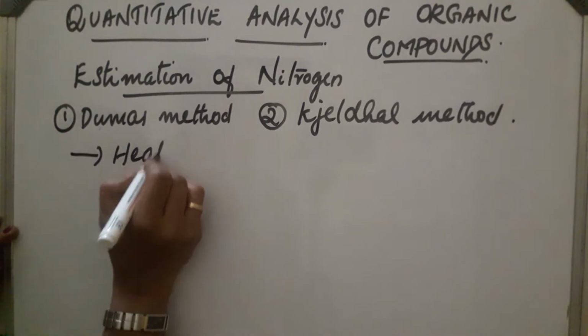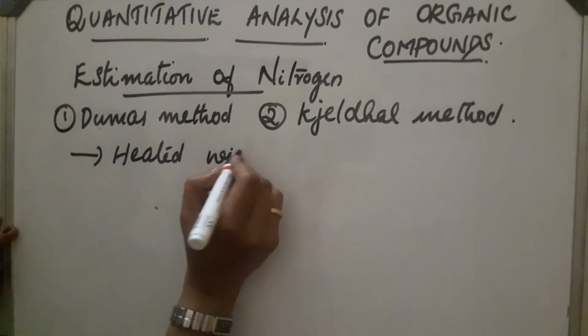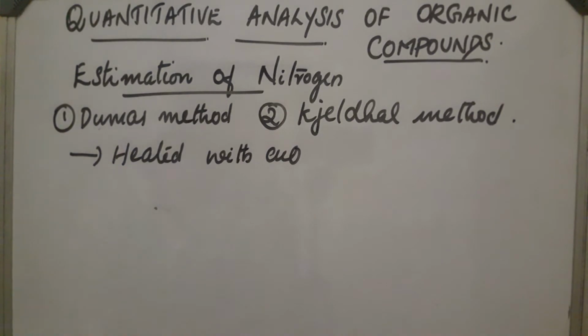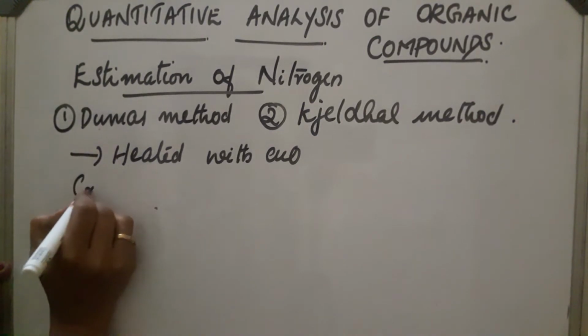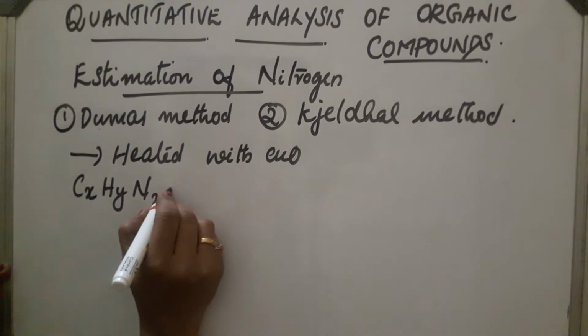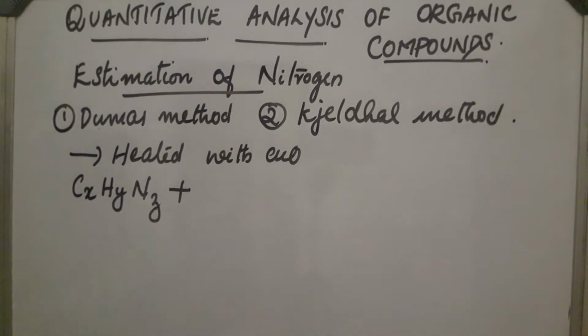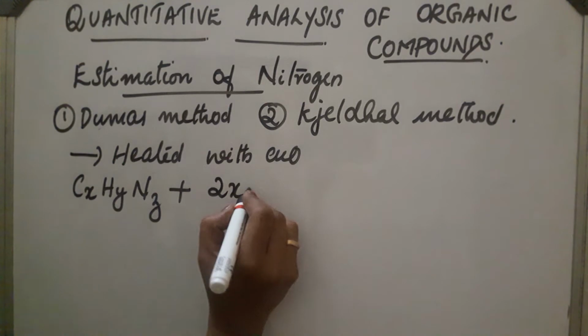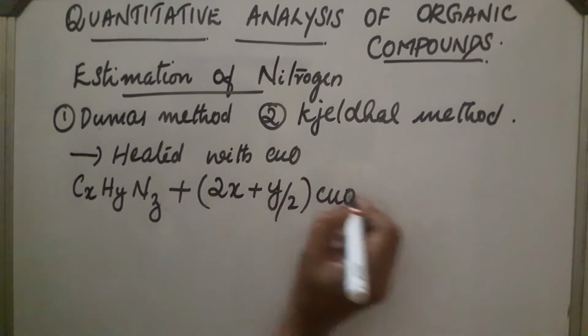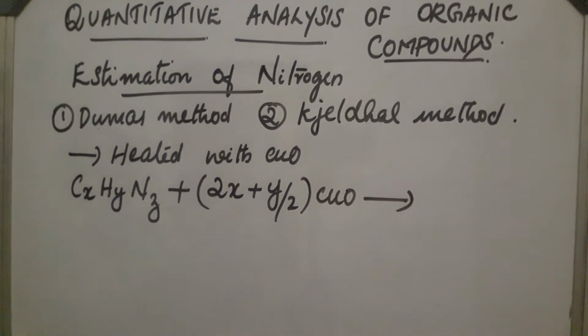It is first heated with copper oxide in an atmosphere of carbon dioxide, which yields nitrogen. And the reaction is as follows. CxHyNz on reaction with (2x + y/2) CuO gets converted into carbon dioxide and water.